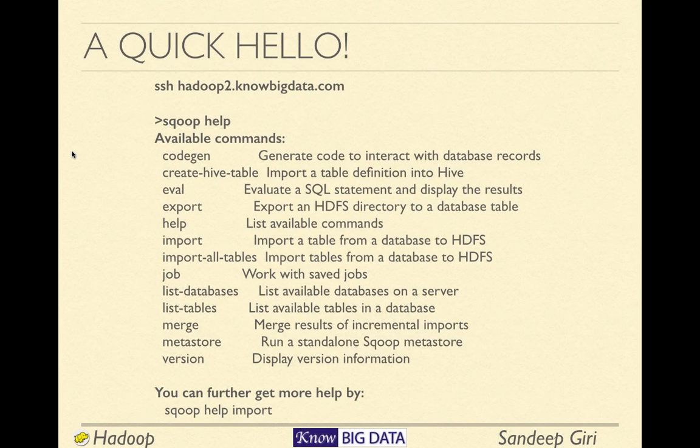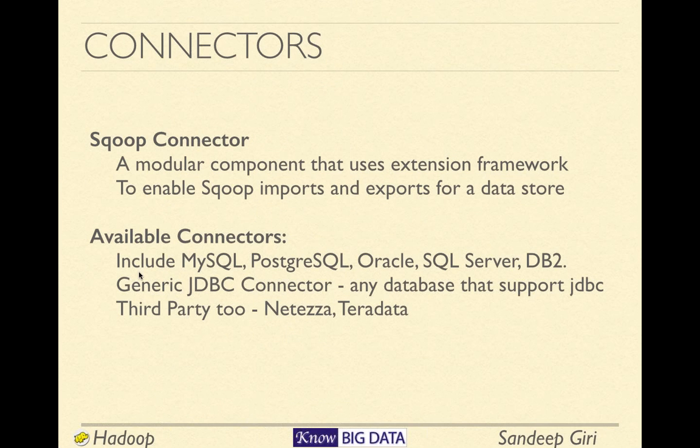It's the same model. So when we say code generation, it generates those entities using which you can import and export the data, so that you don't have to keep defining it all the time. That is a part called code generation, and we'll talk about it a bit more.